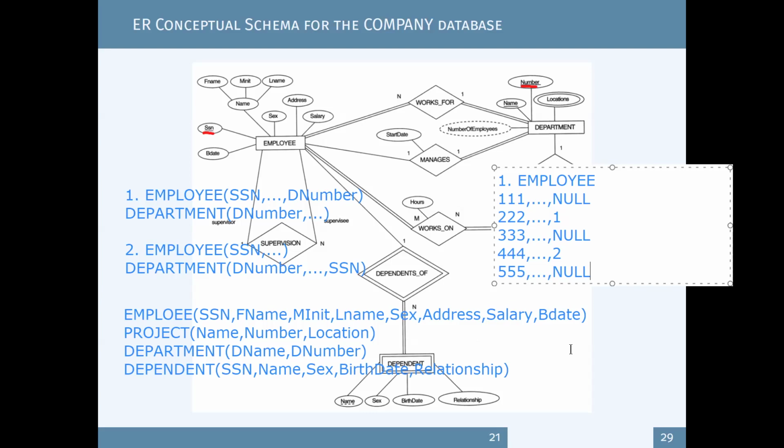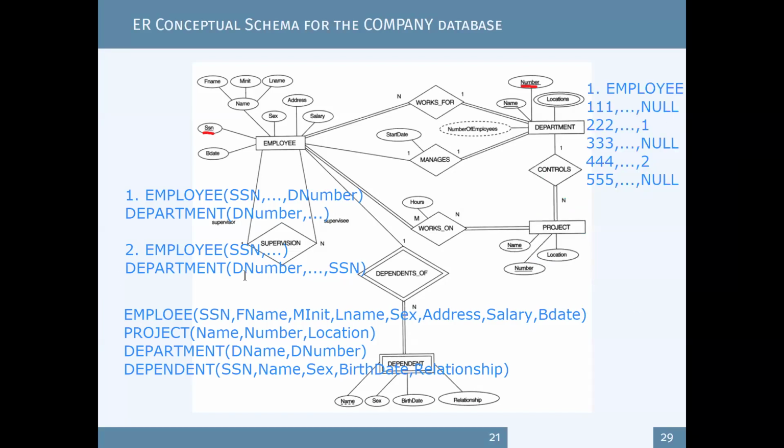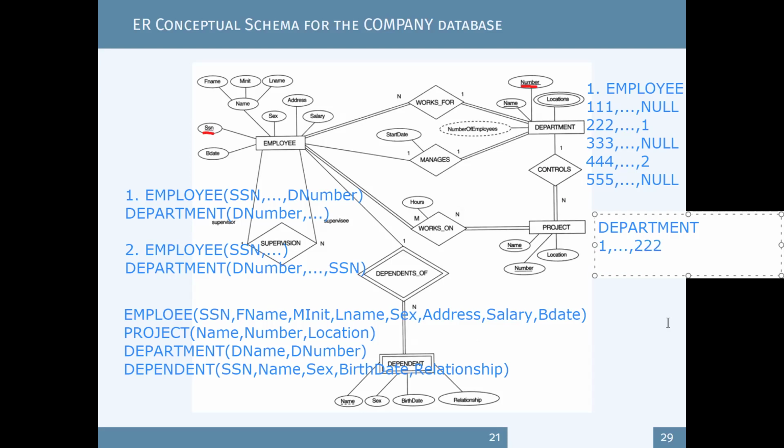Similar to that, if you take the second answer, right, department side, it will be like this. So it's like department. So let's say department number 1 is managed by 222.